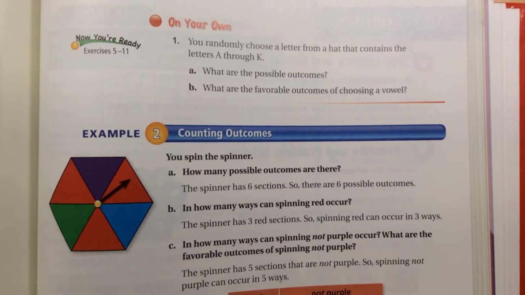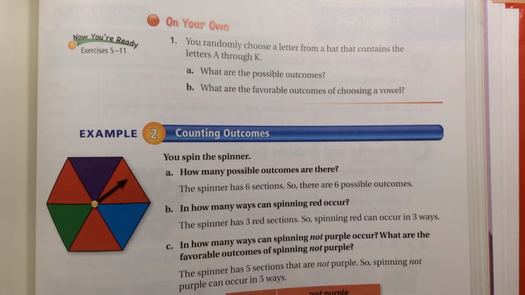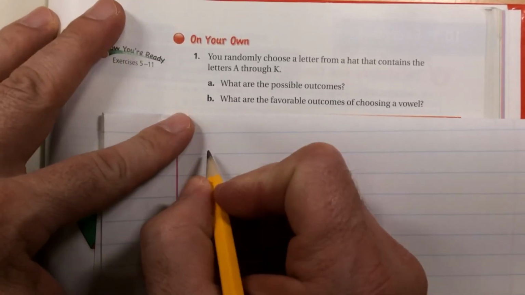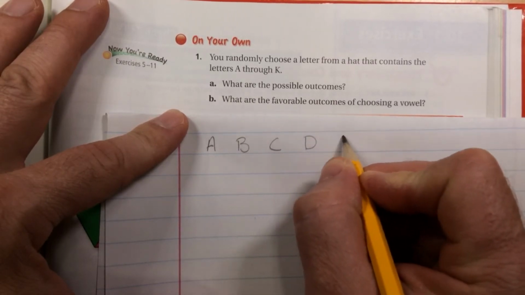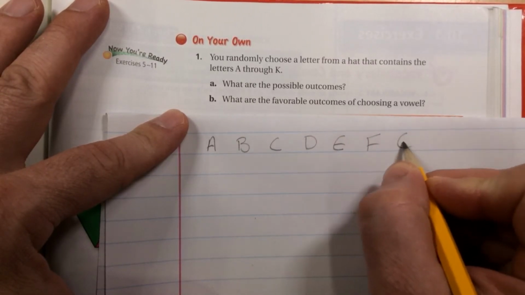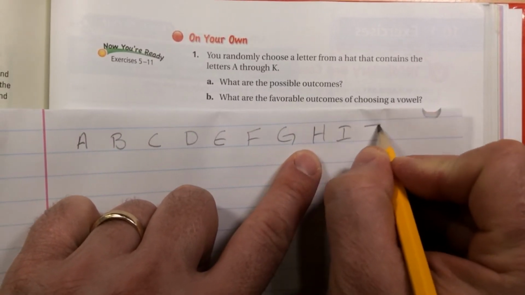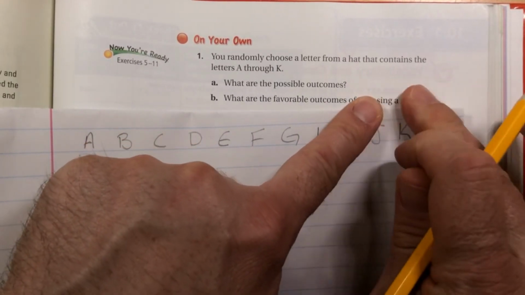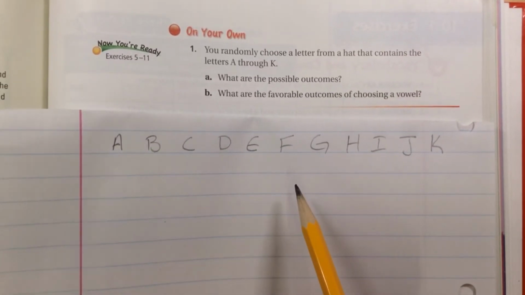Okay, so this is the on your own problems, and it says you randomly choose a letter out of a hat that contains letters A through K. So you have to remind yourself what the letters are for A through K. I'll write them down here. A, B, C, D, E, F, G, H, I, J, and K. So all of those letters are in this hat.